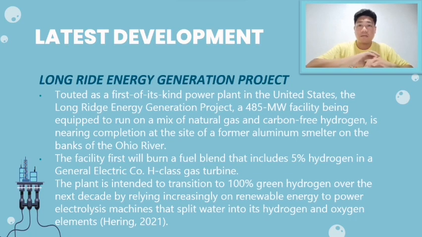The facility first will burn a fuel blend that includes 5% of hydrogen in a General Electric Company H-class gas turbine. So 5% hydrogen lang yung contributor sa 485 megawatts.